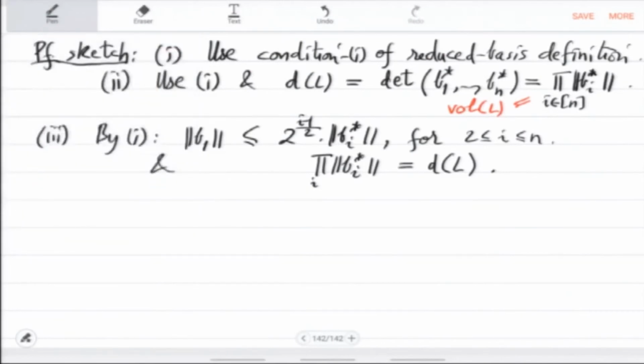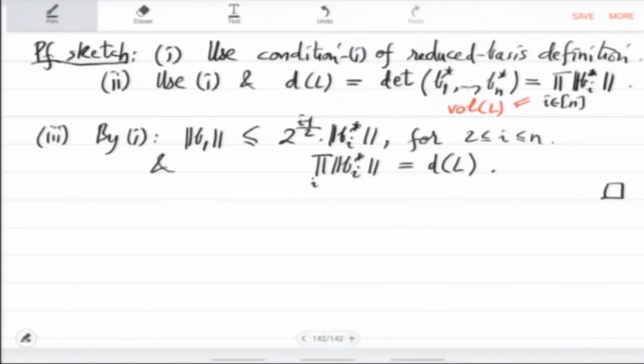So using the same fact and inequality 1 will give you inequality 3. Okay, so these are the 3 properties which are always invoked in the major applications.